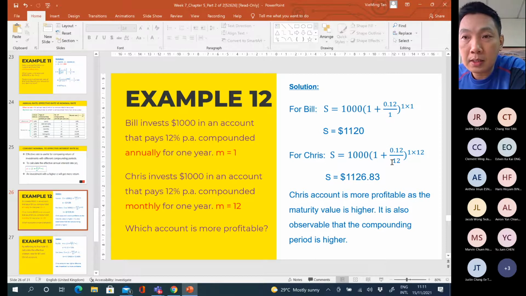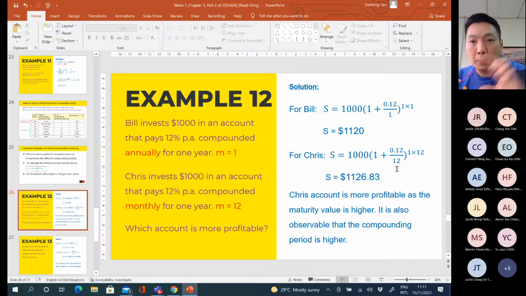How about Chris? The difference is only M. M is 12, so we just substitute 12 into M. So it's 1126.83. You may find that Chris has a higher future value. Why? It's because the interest is compounded more times. Bill only receives one interest payment within a year, but Chris receives 12, and this interest helps Chris generate more interest in the following months.